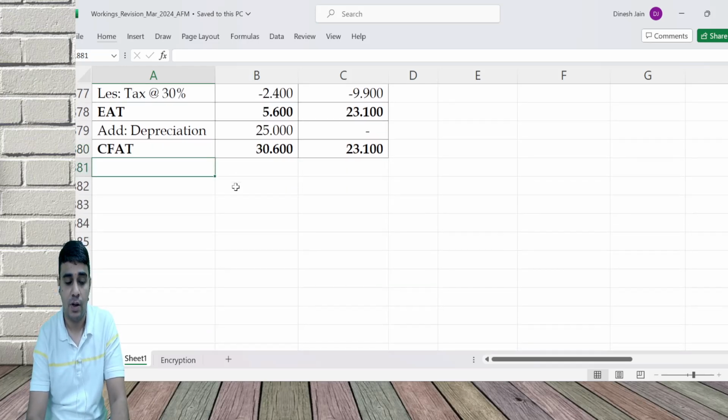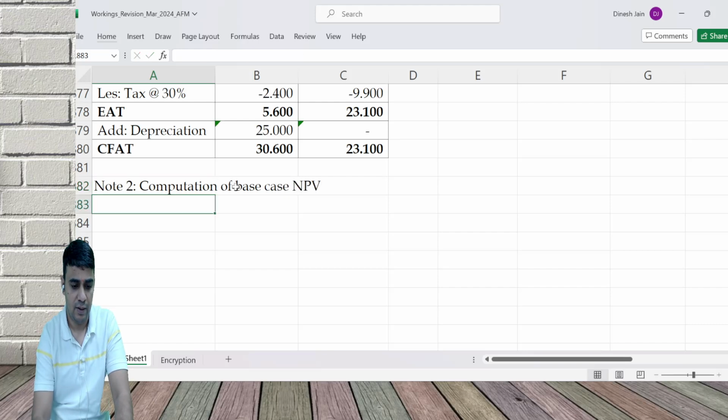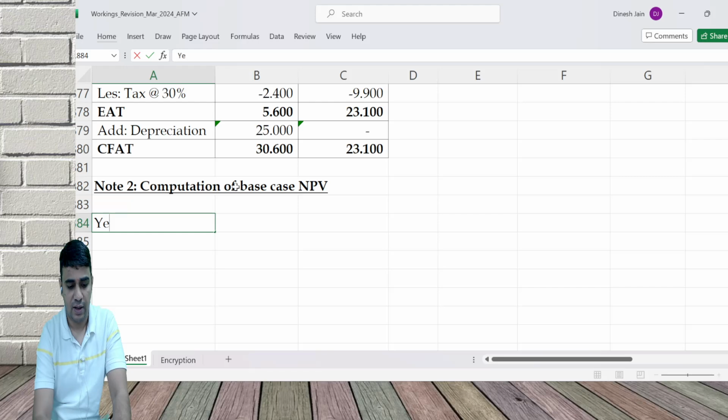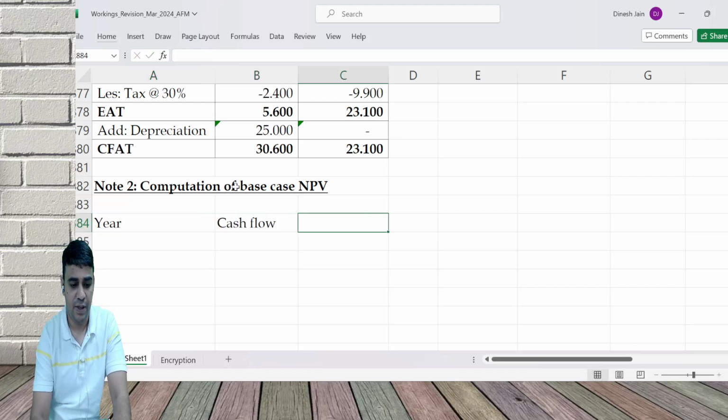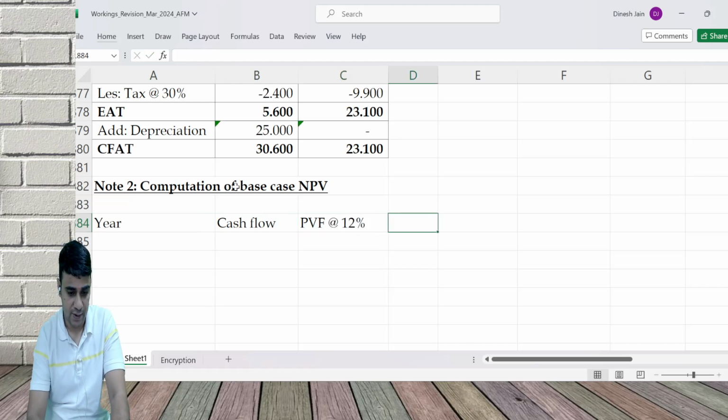Can you proceed? Note 2, computation of base case NPV. Year, cash flow, PVF. What is the cost of equity? 12%, DCF.